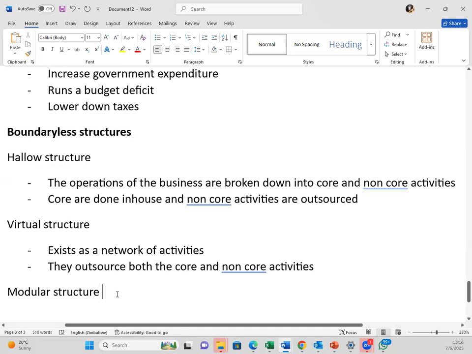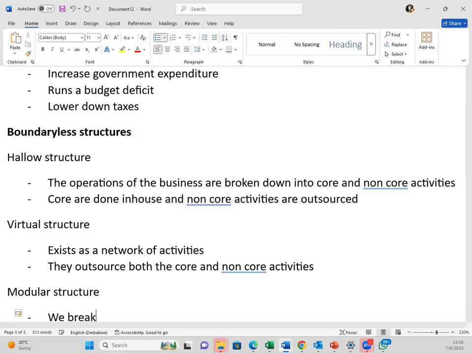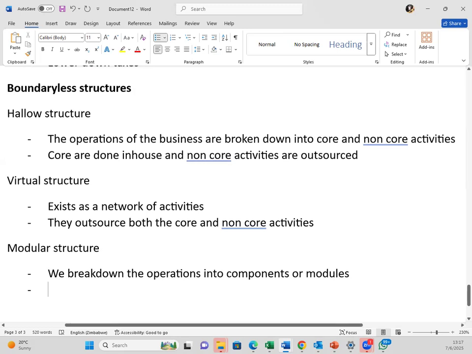Then we have the modular structure. For the modular structure, what we do is we break down our operations into components or modules. So the operations of the business are broken down into components or modules. Let's think of when you are producing a car.